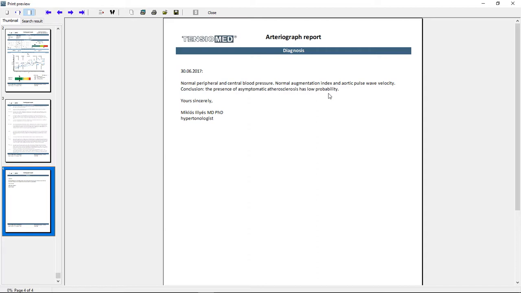I would like to show you some very interesting case reports regarding the different ways the arterial stiffness parameters and arterial function parameters can be pathological, what the consequences are in these cases, what to do with the patient, and how to manage the patient further.